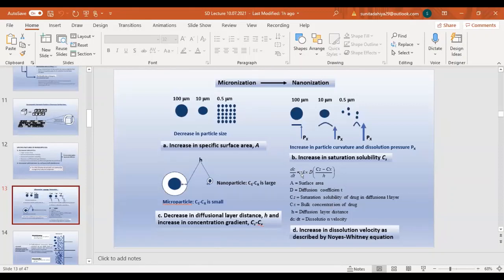A is increased, the gradient CS minus CX is also increased, and H is decreased. Because of this, you will have a higher dissolution velocity, that is the dissolution rate dC/dt. Ultimately, all the parameters that enhance the dissolution velocity are better when you go from micronization to nanonization.